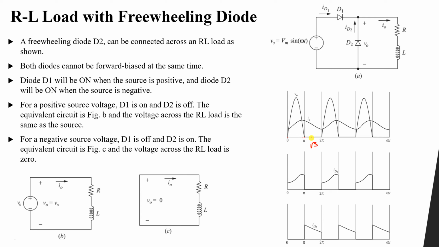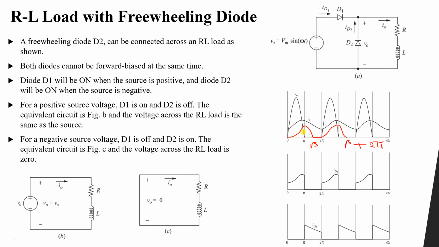The extinction angle, if you remember in the previous example, we had the current going from 0 like this and then going down to beta, at which we have current equal to 0. Then it will become 0 like this and then start increasing again and goes down to beta plus 2 pi, right?